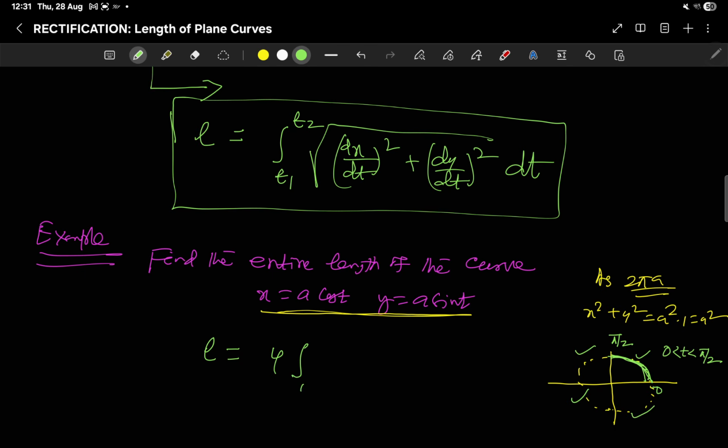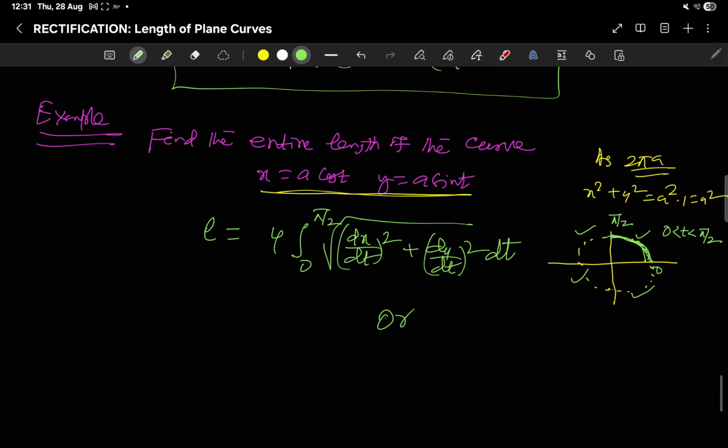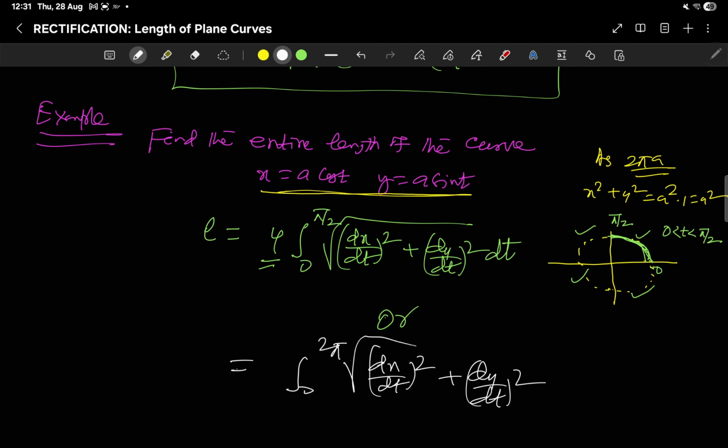So 4 times the integral 0 to pi by 2 of the square root of (dx by dt) whole square plus (dy by dt) whole square, dt. Or directly, if I do not multiply by 4, the entire limit is 0 to 2 pi, and it will simply be the integral 0 to 2 pi of the square root of (dx by dt) square plus (dy by dt) whole square, dt. We may use either of these two formulas.